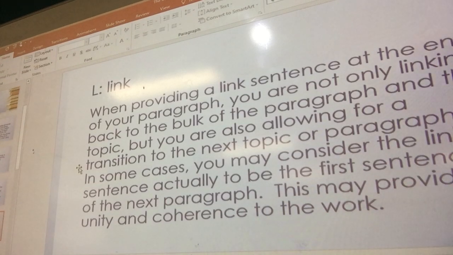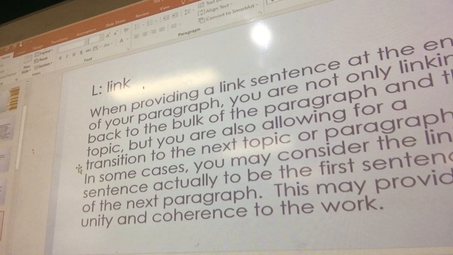You're pretty much concluding the first paragraph and then starting the next one. It links to what you just wrote, and it's going to link to the next paragraph as well, so it flows easy and reads easy. You can either write it at the end of the paragraph, or it could be the first sentence of the next paragraph.